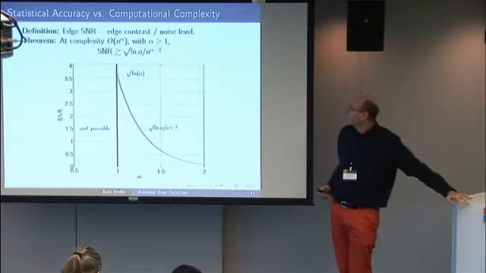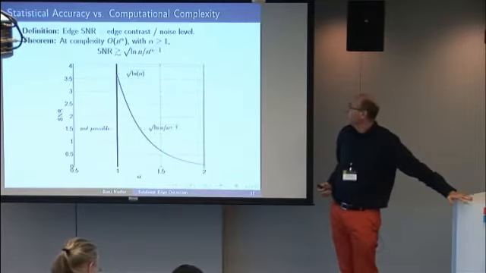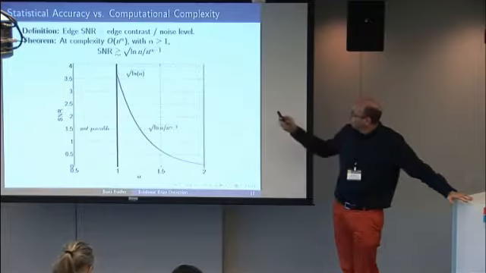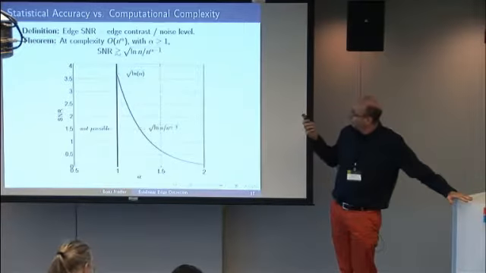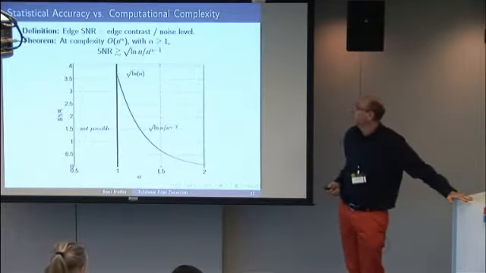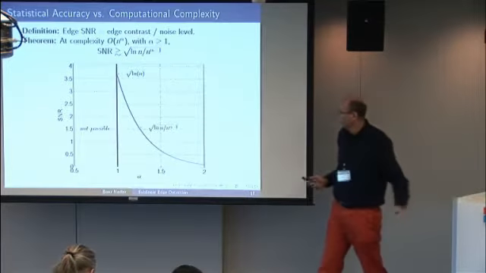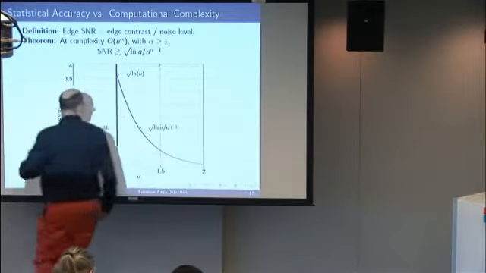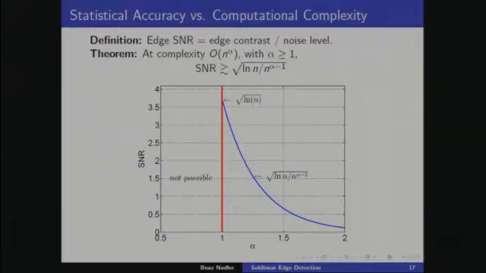So let's say at a budget of n to the alpha pixels, up to constants, the edge strength that you can detect roughly scales as follows. So here is alpha. Remember, if alpha is less than 1 in a worst case, there are strong edges that you cannot detect. If alpha equals 2, you've seen the whole image. You can do whatever you want.